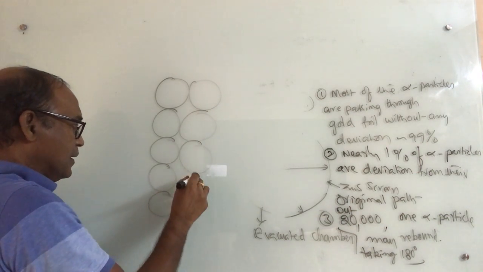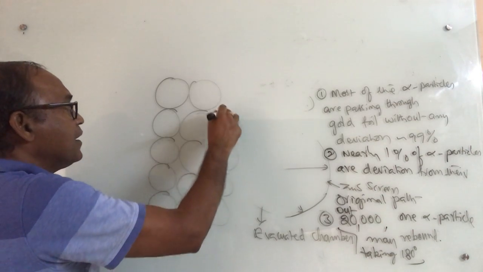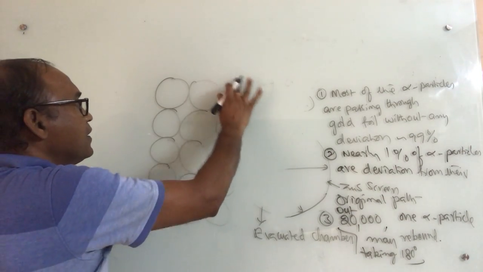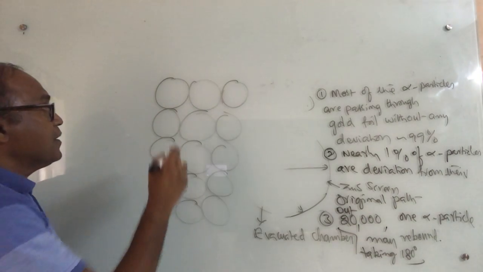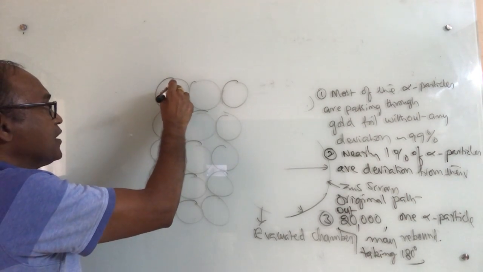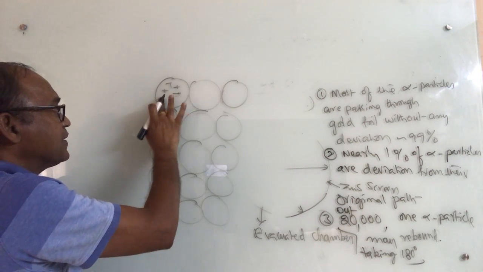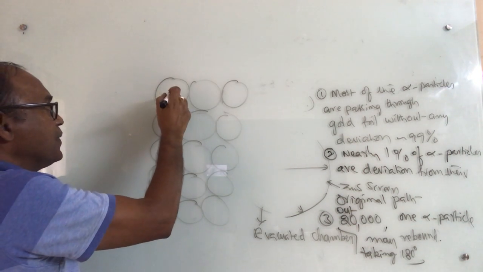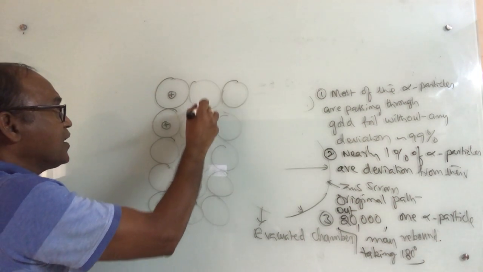They may be arranged in this manner, and the alpha particles are passing through this. If the positively charged particles were spread like this, entire alpha particles would be expected to pass, but that is not the case. There might be a positively charged concentration.